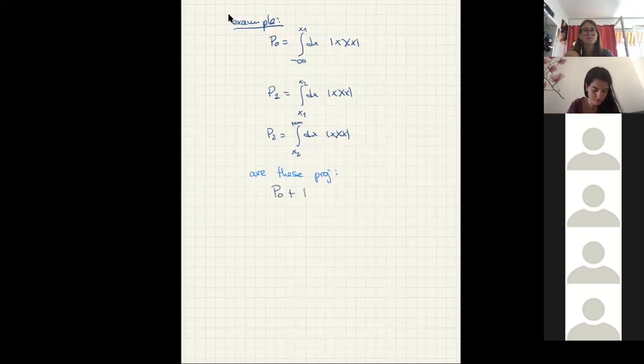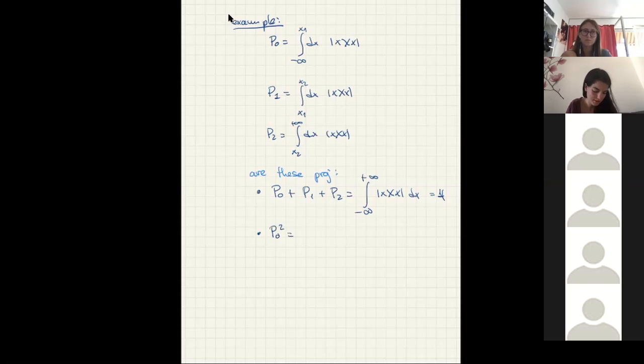First of all, P0 plus P1 plus P2 is just the integral from minus infinity to plus infinity of |x><x| dx, and this is precisely the identity. You'll see an exercise on this in the exercise sheet, because if you apply this operator on anything, it doesn't change it. And we can do, for example, what P0 squared is.